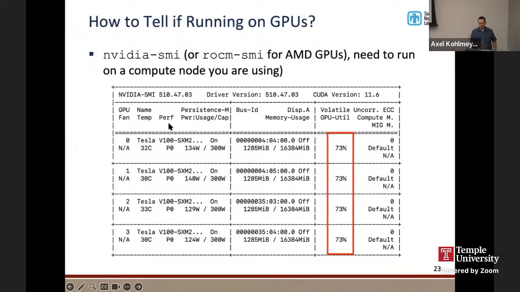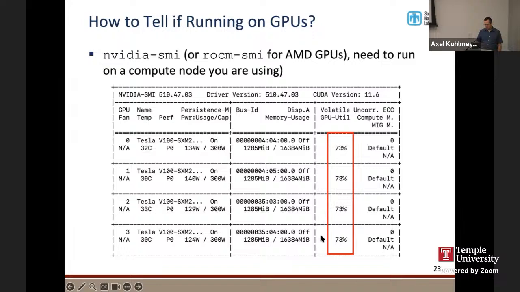Okay, so one thing that you might wonder is, I'm trying to use Kokkos. How do I know if it's actually running on a GPU? So there's a couple different tools you can use. NVIDIA SMI or ROCm SMI for AMD GPUs. This is NVIDIA SMI, and it gives you a lot of good information.